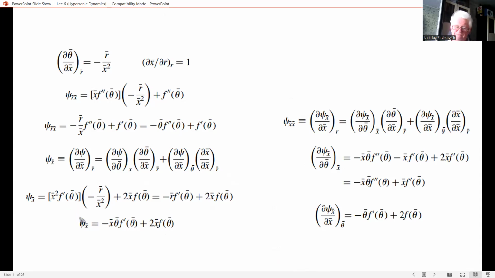And similarly, from the chain rule, from this expression, psi from double x, and from the previous equation, we can get this next expression and the final expression in the bottom right form.